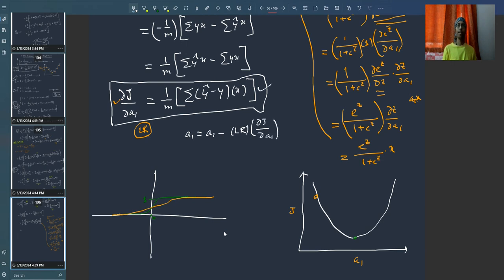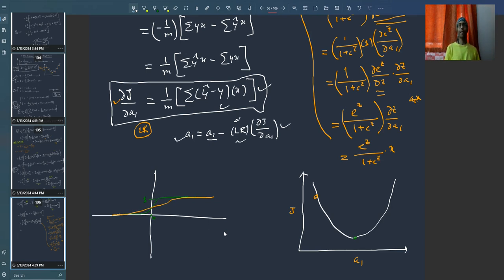We know the value of this. Obviously, cost function is nowhere near 0, so del J del A1 will be a non-zero value. We can measure the value here. We know the learning rate, we have assigned it ourselves, let's say 0.1 or 0.01 or whatever. So the new A1 that we have, we can easily derive it.